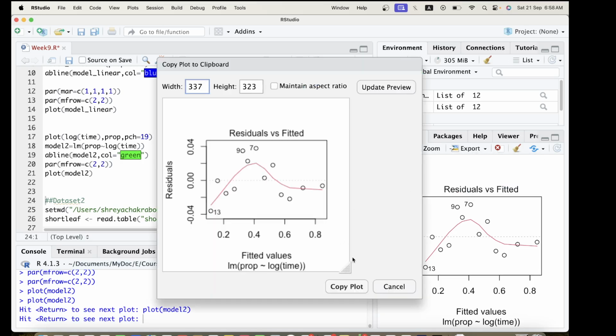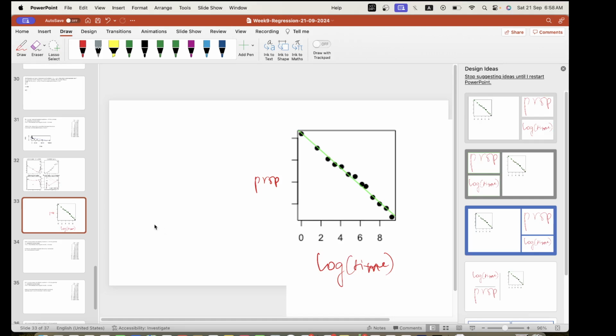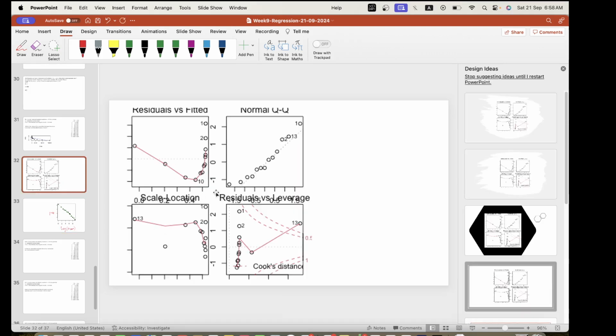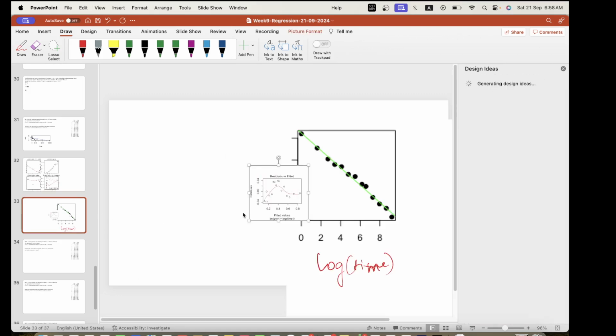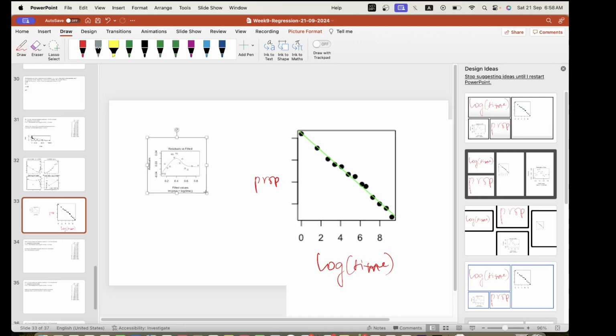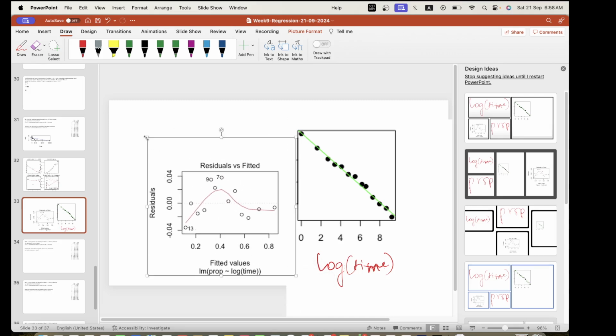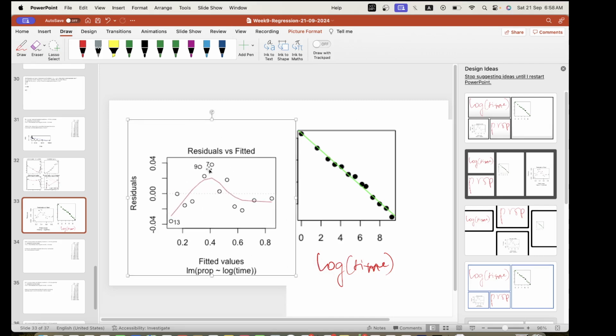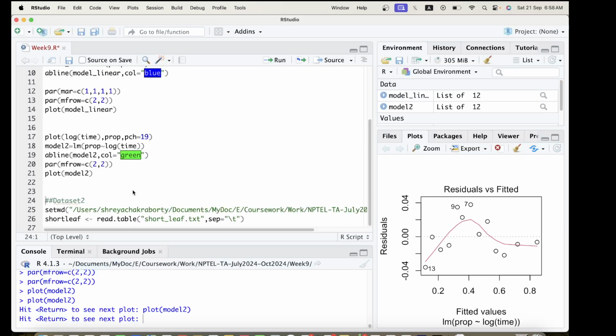This residual versus fitted is actually better than this residual because this is indicative of a clear pattern. But here, residual versus fitted, they are fluctuating about 0, even though there still exists some sort of pattern. This looks like this is better than the previous one.